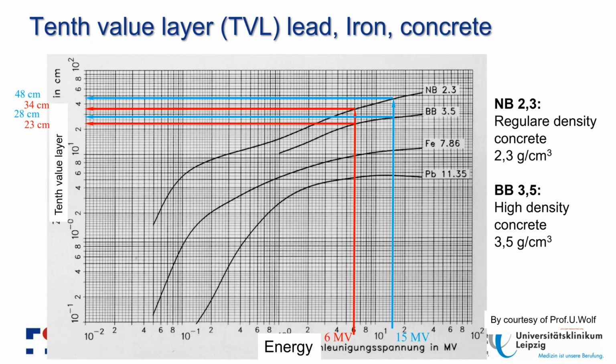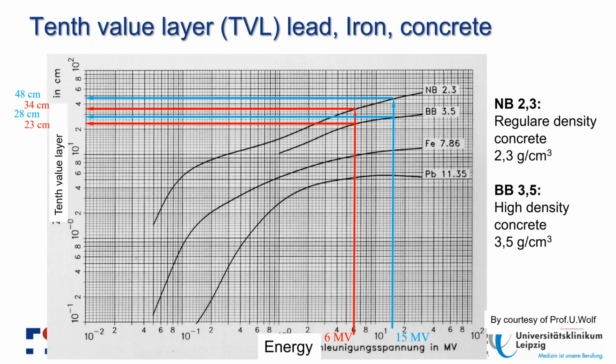You see, for the conventional concrete, for the NB 2.3, we have a tenth value layer of 48 centimeters. So I have mentioned we need for a proper shielding around 3, 4, 5 tenth value layers, and then we are around 2 meters of wall thickness for a 15 MV machine.